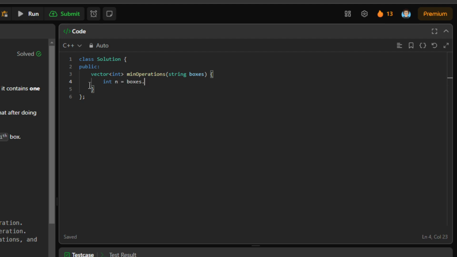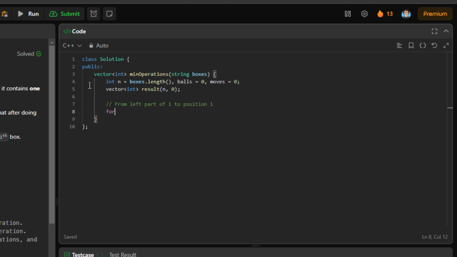So you calculate the length of the string, and initially for I equal to 0, we are calculating for the left part. So for I equal to 0, the balls will be 0 and moves will be 0 initially. And this vector will store the result. Now we are calculating from the left part of I to position I. We will traverse.